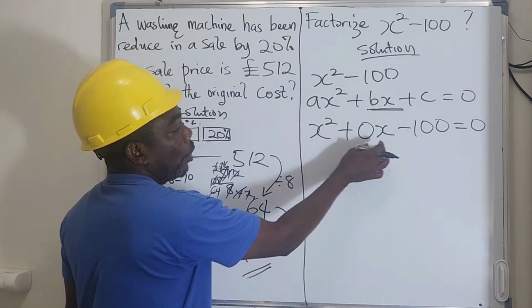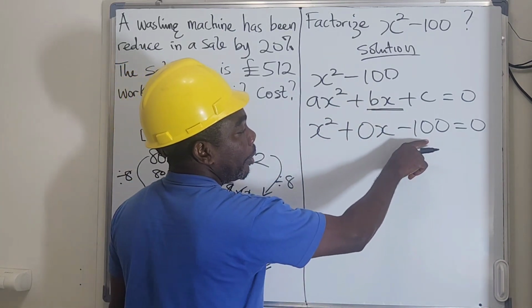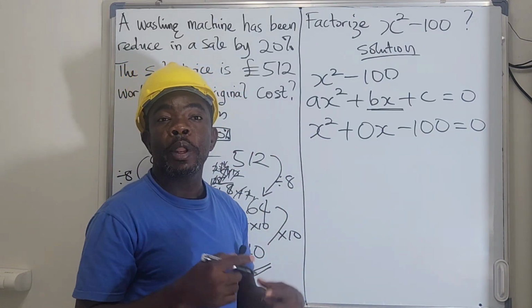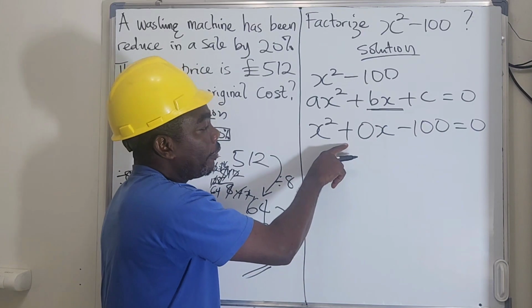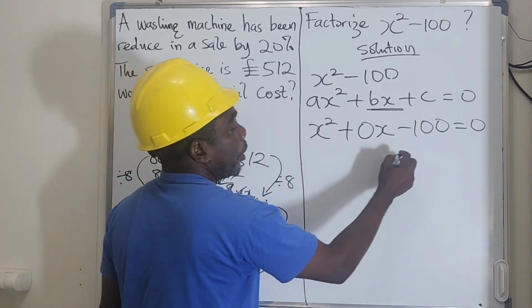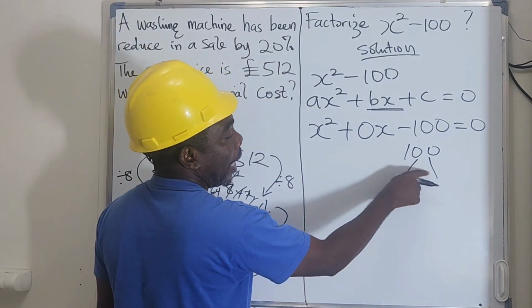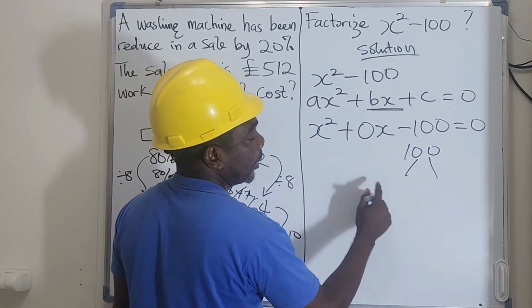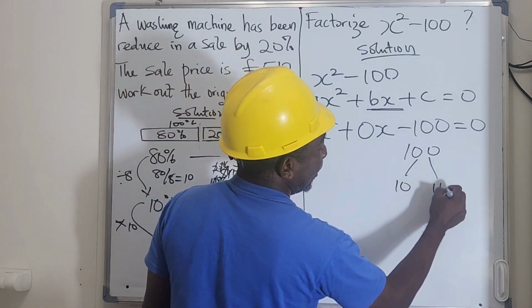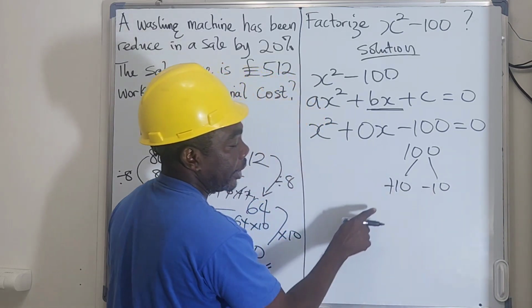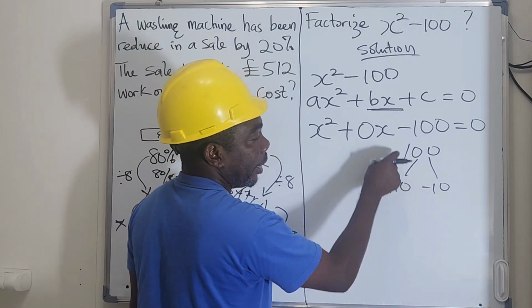How do we factorize this? We multiply 100 by x squared and look for two factors that, when we add or subtract, will give us 0x. The two factors of 100 that give us 0x are 10 and 10. If we add plus 10x and minus 10x, we get 0.